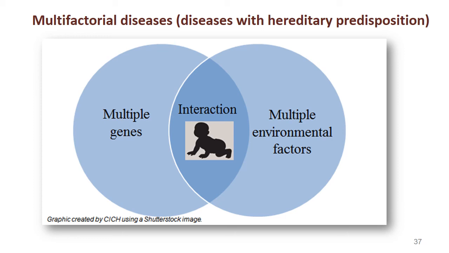Criteria of multifactorial diseases. First, probability for expression of the disease in the relatives of the proband depends on the extent of their kinship with the proband. Second, risk of the proband's relatives depends on the number of ill members in the family.